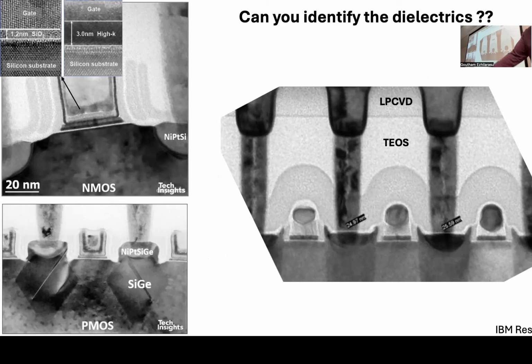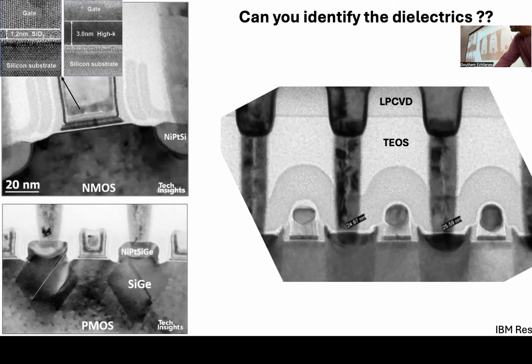For LPCVD, the temperature is usually higher, and for PECVD, because we add the plasma, we can provide extra energy, so that we can lower the temperature.